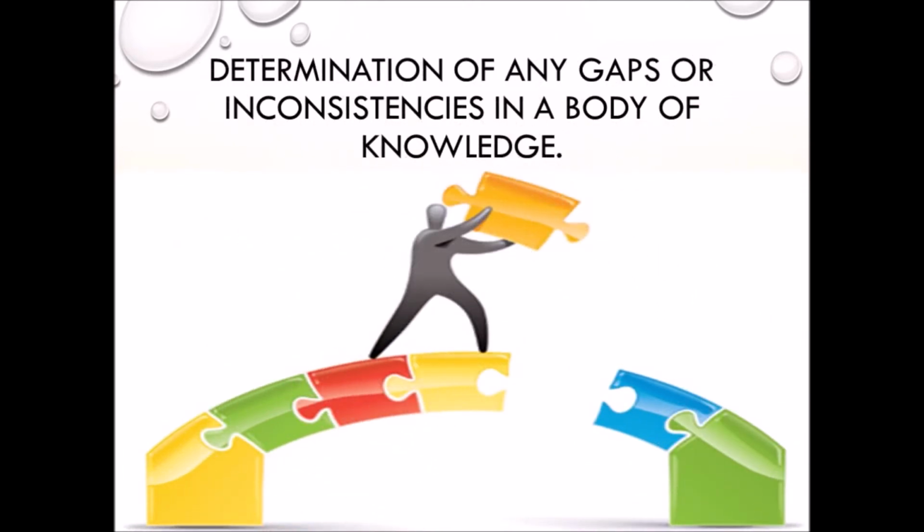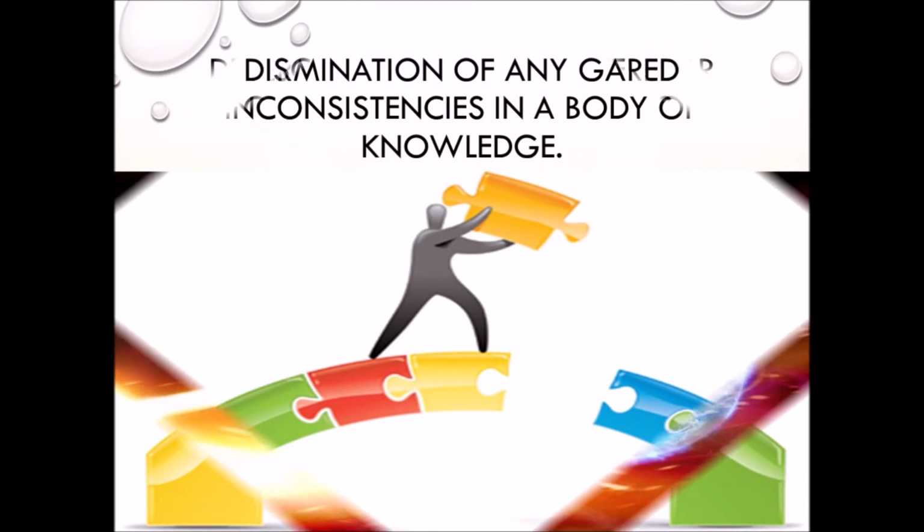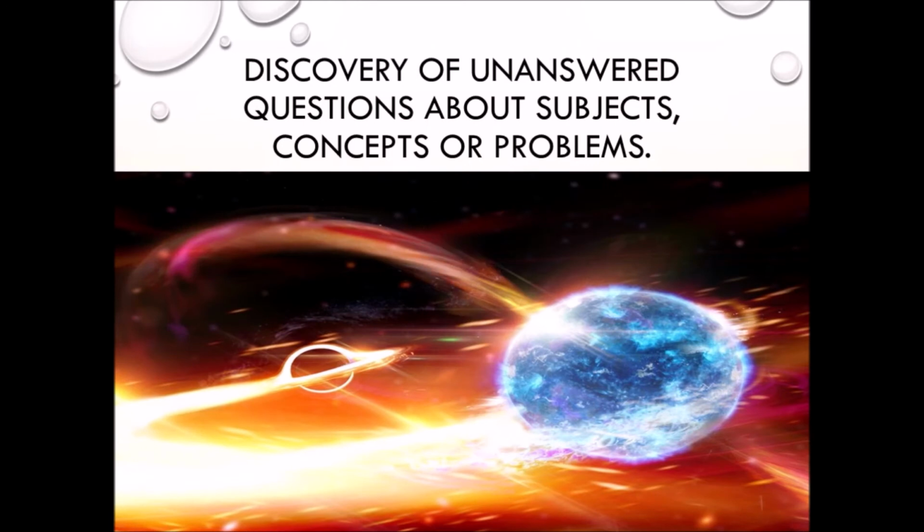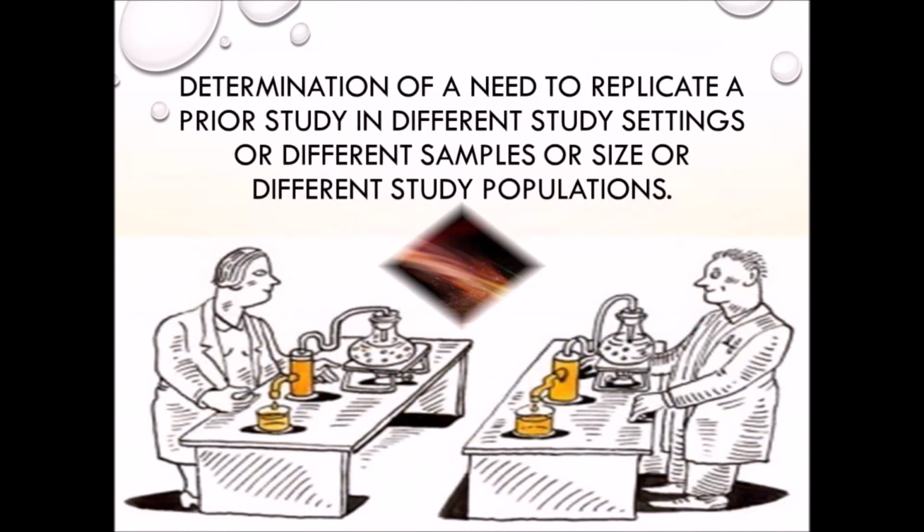It helps in determination of any gaps or inconsistencies in a body of knowledge. It also helps in discovery of unanswered questions about subjects, concepts, problems. It helps us determine a need to replicate a prior study in different study settings, with different samples or sizes, or different study populations.